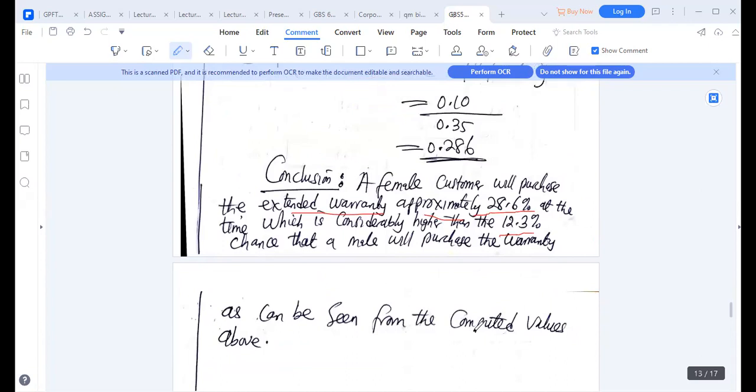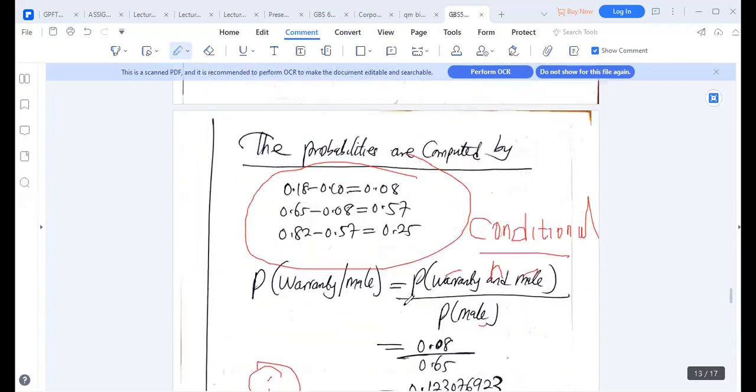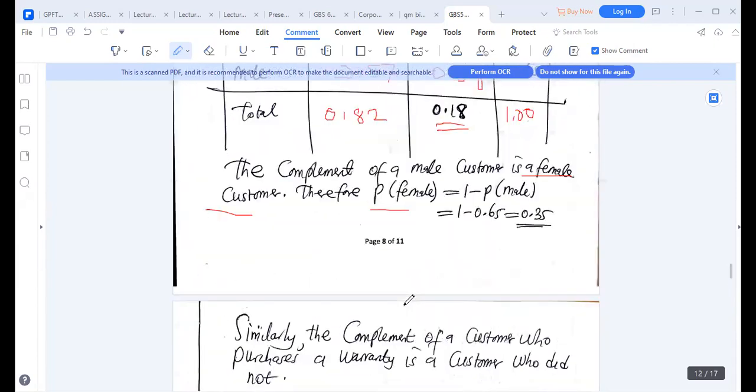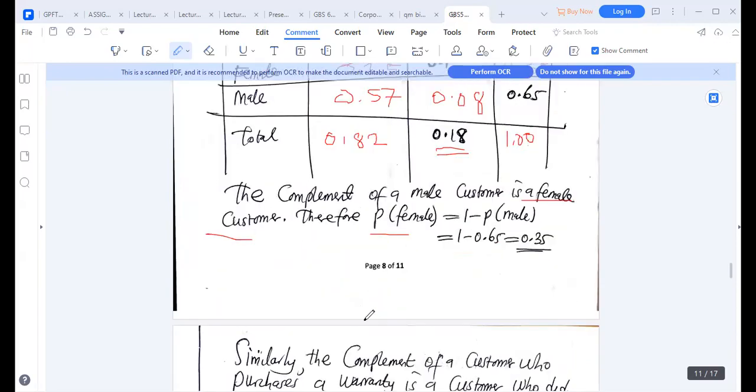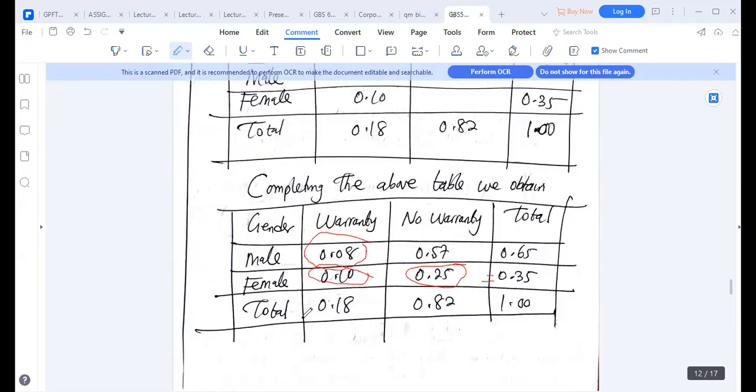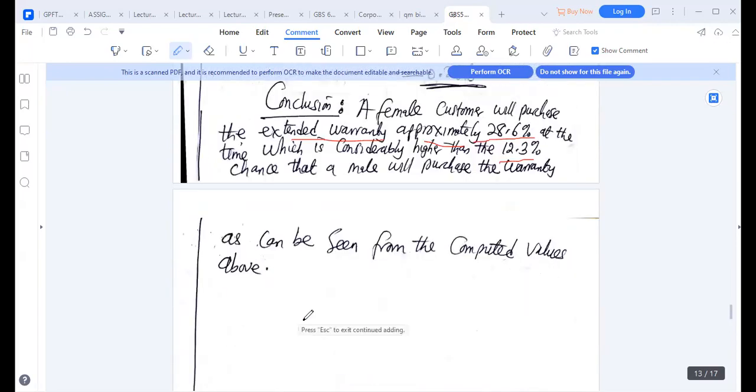So female customers are more likely to purchase the extended warranty. That's the conclusion on this one.